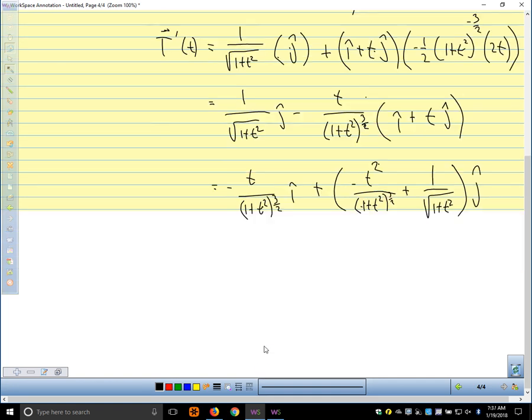Isn't that nice? And we can find a common denominator here in the j hat quantity because we're not in AP calculus anymore. This is minus t over 1 plus t squared to the 3/2 i hat, plus, find a common denominator here, 1 over 1 plus t squared to the 3/2 j hat.